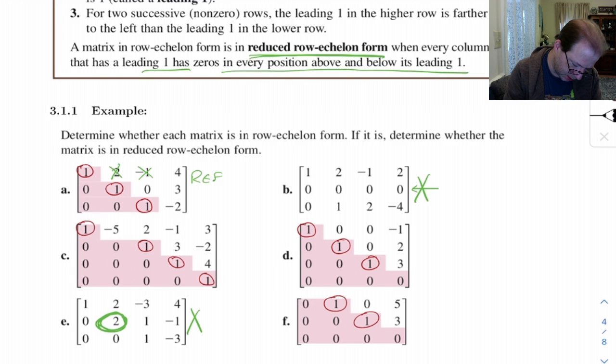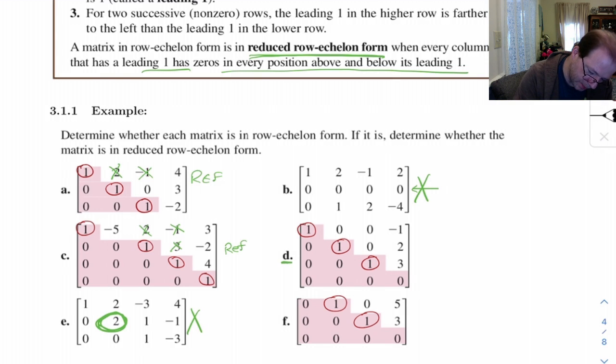All right, C. Oh, we've got a... No, C is fine. This 5 had me concerned for a second, but that 5 is fine because there's not a leading 1 in that column. So that 5 is no problem. The 2, though, and these things here, those are non-zero elements above a leading 1, so therefore that's in REF.